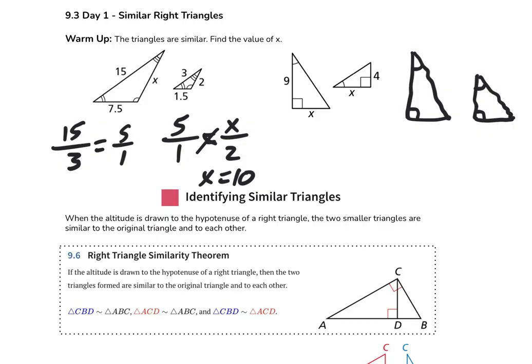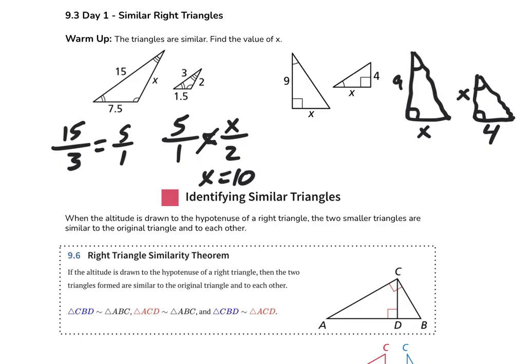And by redrawing this, it shows the angle's in the same spot. The 90-degree angle is in the same spot. So here, this one is 9 is to x, and this one... so that's what my picture would look like.